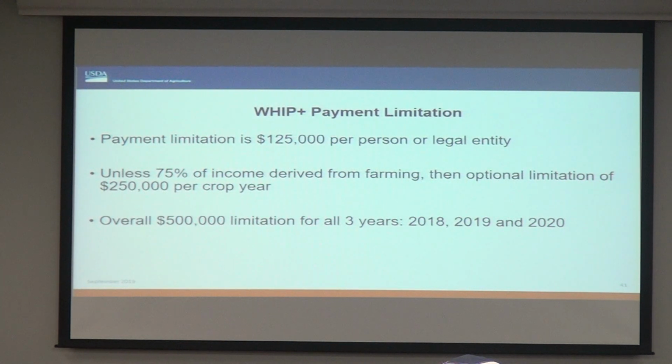And that was an overall $500,000 payment limitation, because you're looking at disasters that occurred in 18 and 19, and then say 19 disasters affected production into 20. So, for those 3 years, you can only receive a maximum of $500,000 in payments.